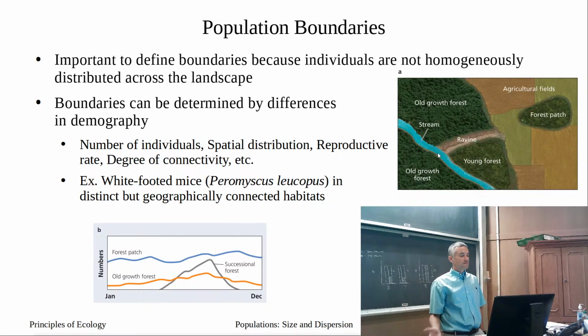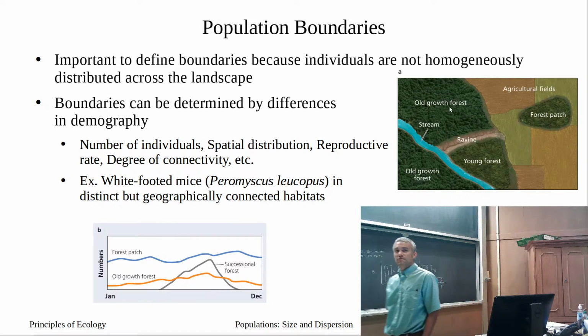Probably not. Are they going to be able to traverse the ravine? Probably not. Could they move to the forest patch? Maybe. Possibility. I mean, they have to get through the agricultural fields. We assume that they live in the forests. So geographically, they look different.